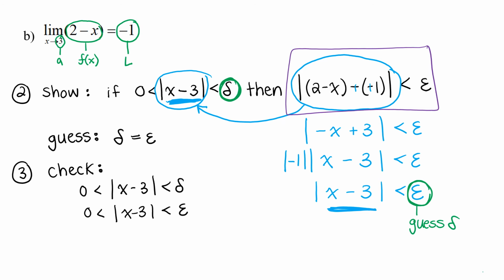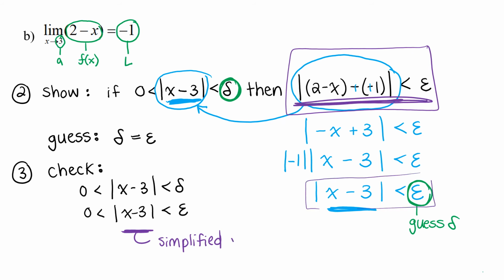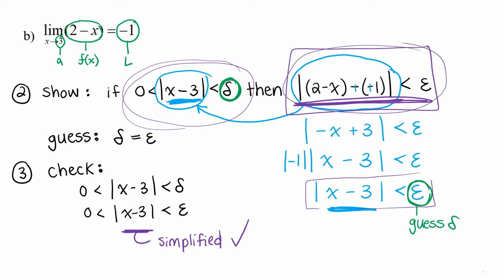And since the absolute value of x minus 3 is just a simplified version of this guy right here, we've proven this relationship. No matter what epsilon we come up with, we now have a way to find a delta, so that if that delta is true, and we're falling within this band for delta, we'll fall within our error band as well.